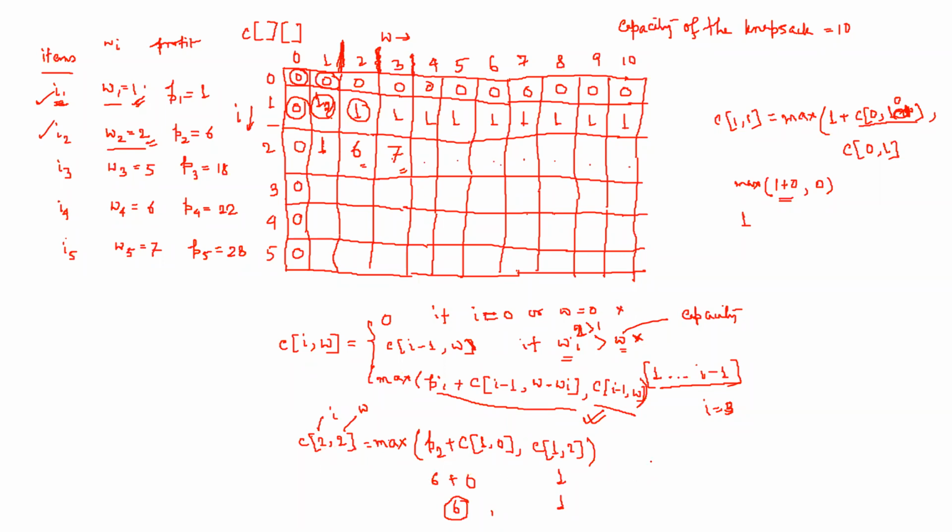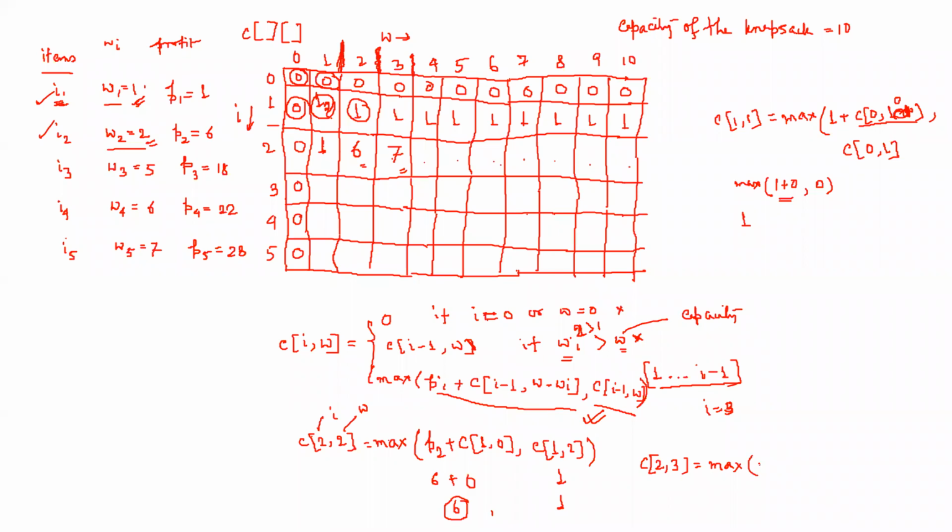Now we are going to calculate the second row, third column. The first condition is false, the second condition is false, so we go to the third condition. We have to calculate the maximum of Pi.